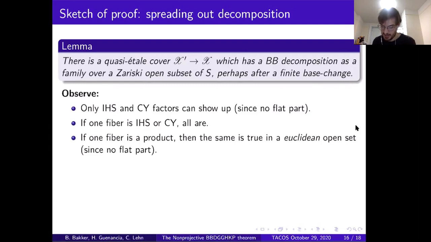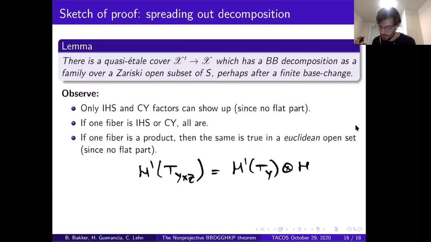The point is that if I look at the locally trivial deformation space of a product, then by Künneth, this has a variety of pieces. This has a piece that's coming from deformations of Y, and then it also has a piece that's coming from deformations of Z.